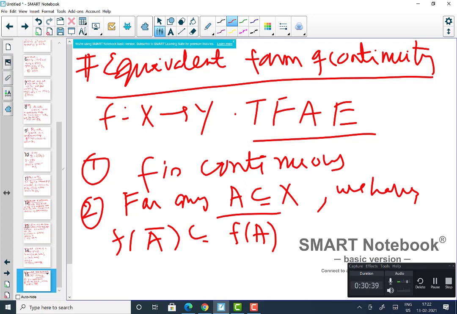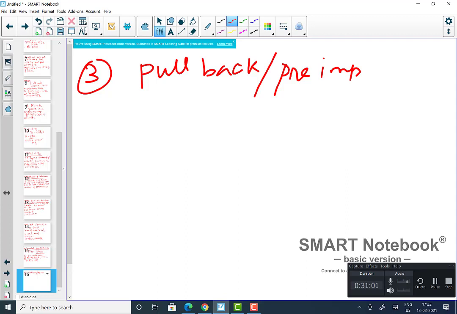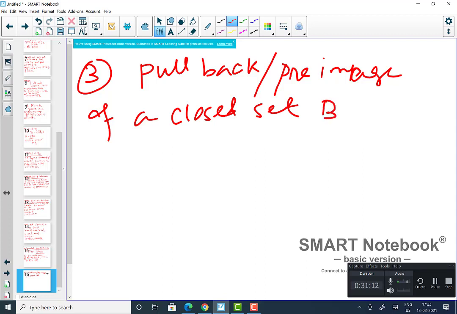And then number three. There are many things, but let me only discuss three. Number three tells you that whenever you pull back a closed set of Y, the pre-image is also closed. So the pre-image of a closed set, say B of Y, is closed in X. What does that mean?